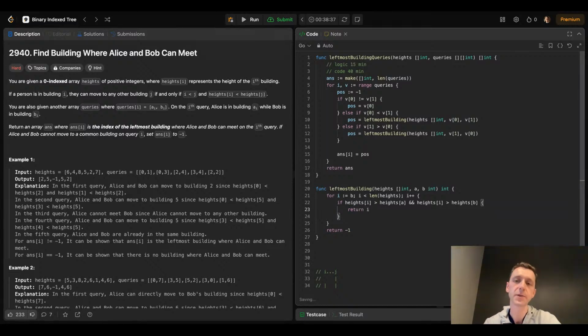Yeah, but there is one case left here. And the case is if it's the first building, which is B, so it's not gonna be bigger, it's gonna be the same building.